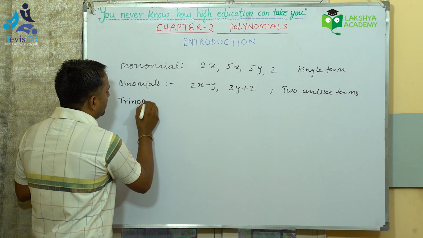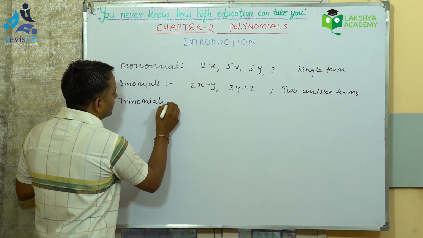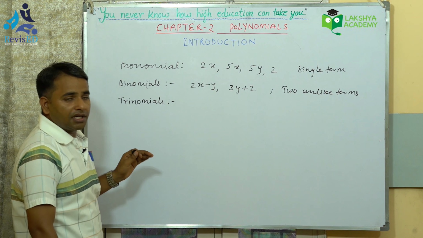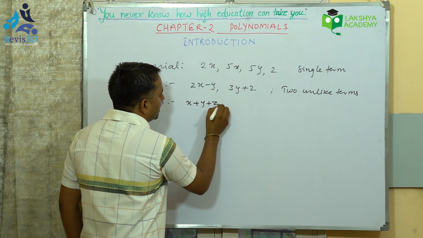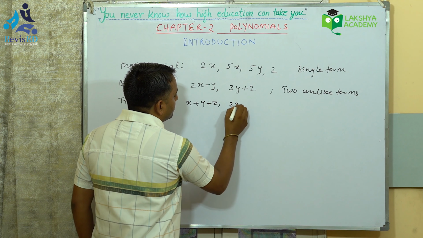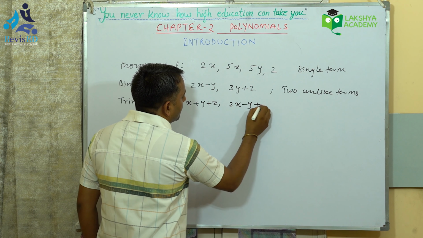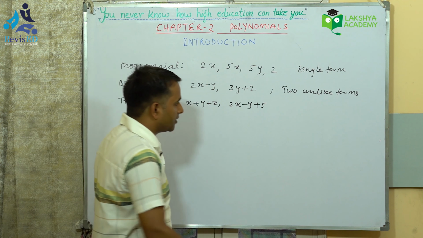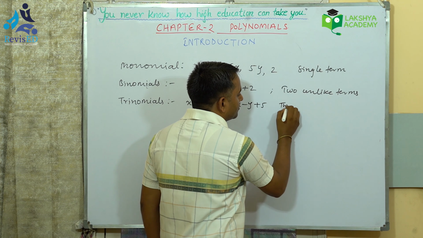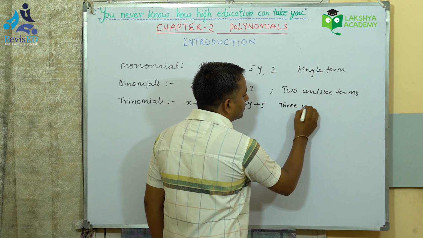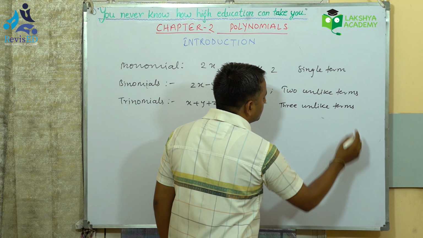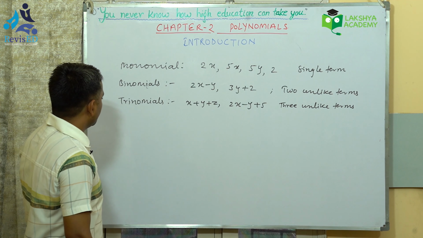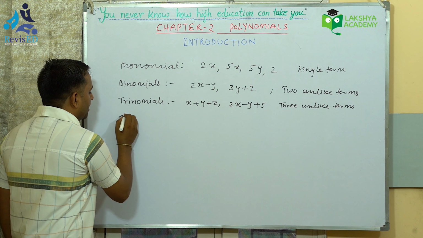Third one was trinomials. They were having the three unlike terms, say x plus y plus z or say 2x minus y plus 5, like this. So they were having three unlike terms. Trinomials. Then come the polynomials.